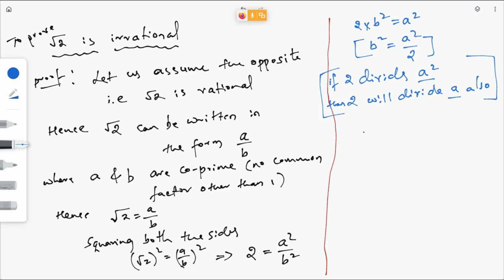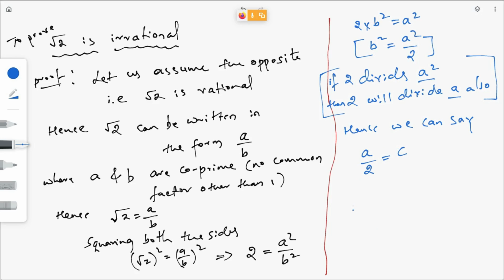Okay, hence we can say a by 2, because 2 divides a, a by 2 is equal to c. I can write that.